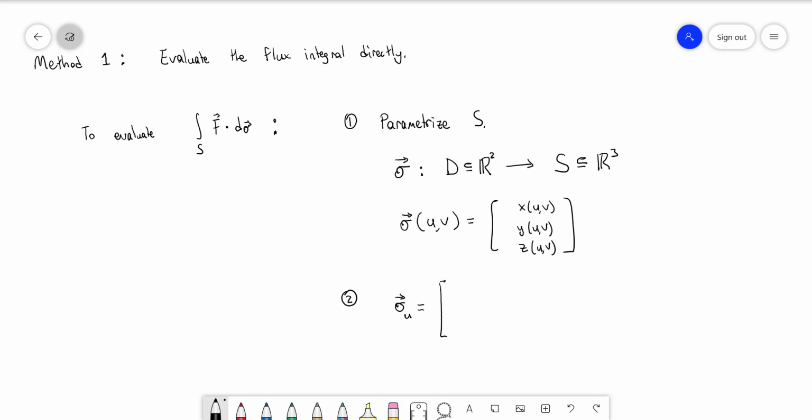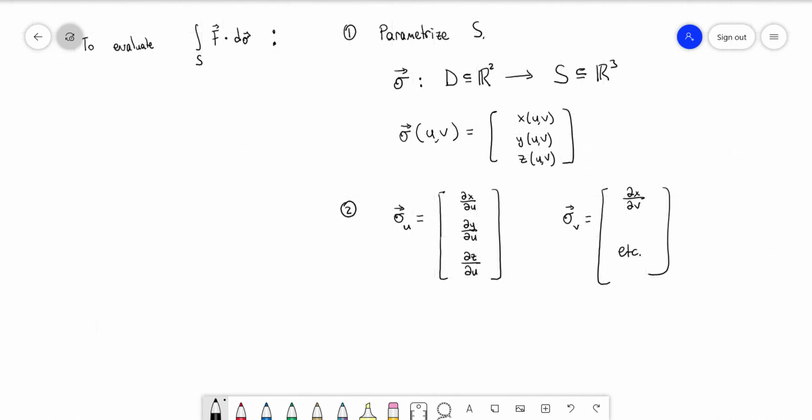So that would just be doing the partial derivative of each component with respect to u. All right, so you're going to do the partial with respect to u as well as the partial with respect to v. And after you compute these 2 partial derivative vectors, you're going to take their cross product.